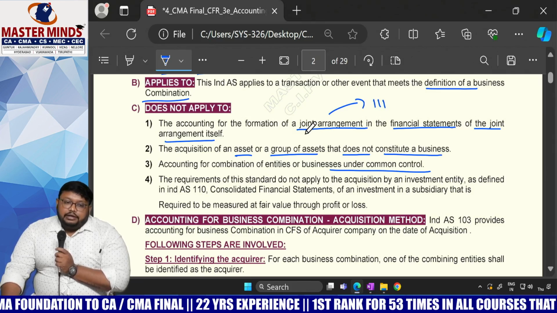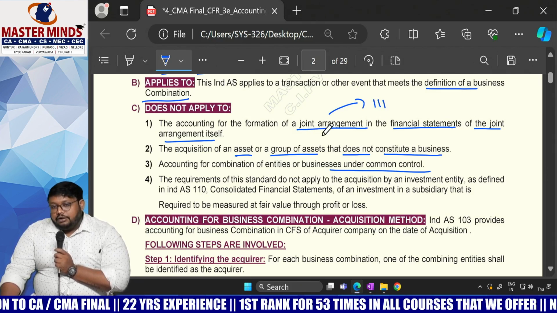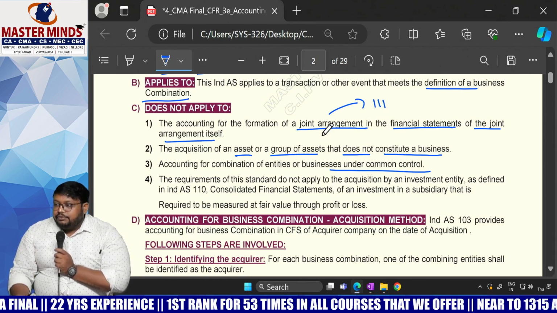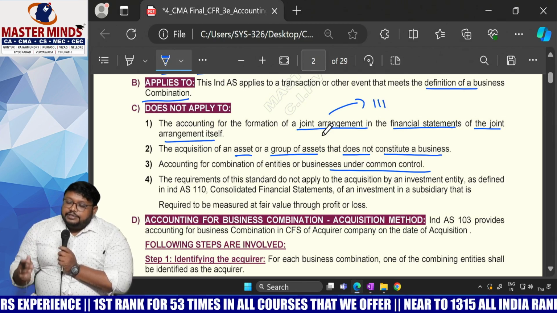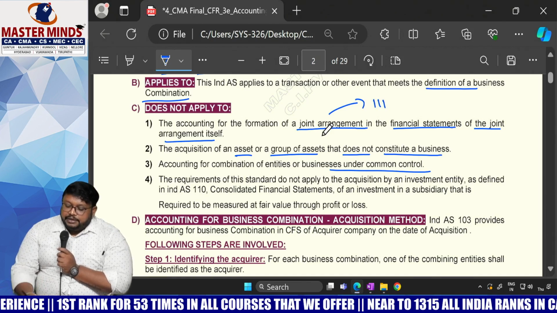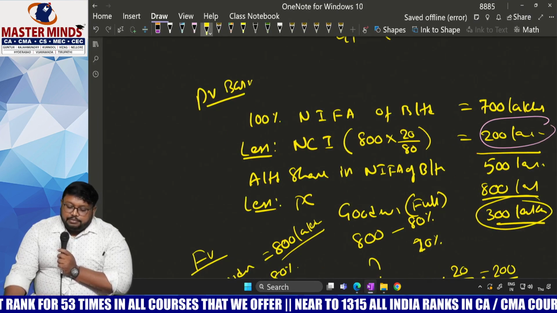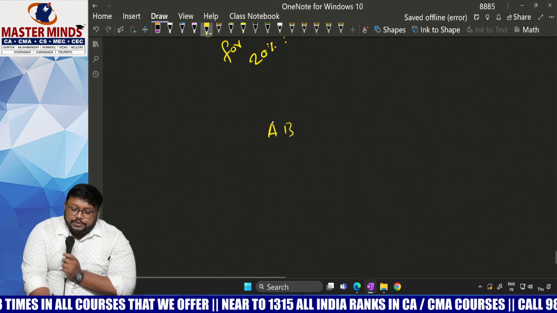In that common control, sale of divisions will come. Spin-off elements, whatever we can say. If a company has two divisions and one division is being sold to some other company. In a simple example, to understand business combination under common control, I have two businesses.